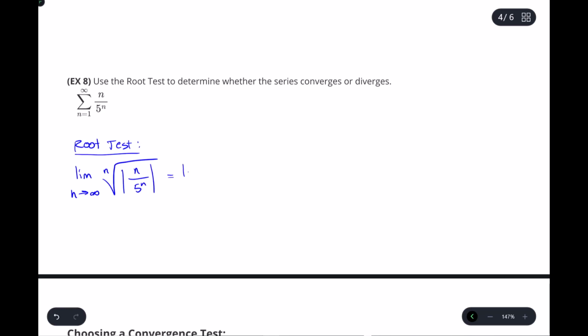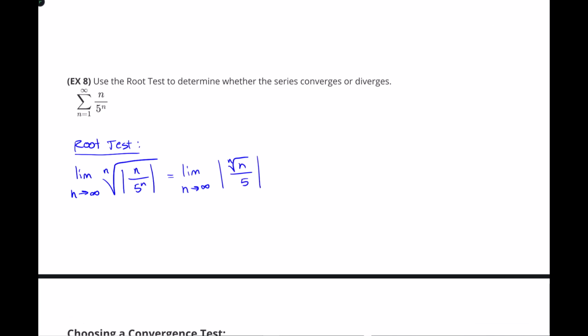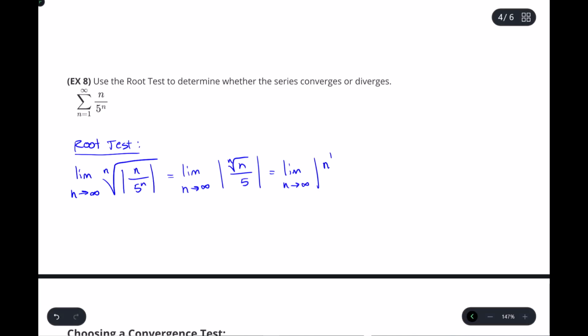Okay, so when I take this nth root of a fraction, I can actually do the nth root of the numerator and denominator separately. So I could rewrite this as the nth root of n divided by 5, because the nth root of 5 to the n, well, that cancels that exponent. And then, just to make this a little bit more clear as to something we had earlier, the nth root of n is the same thing as n to the 1 over n.